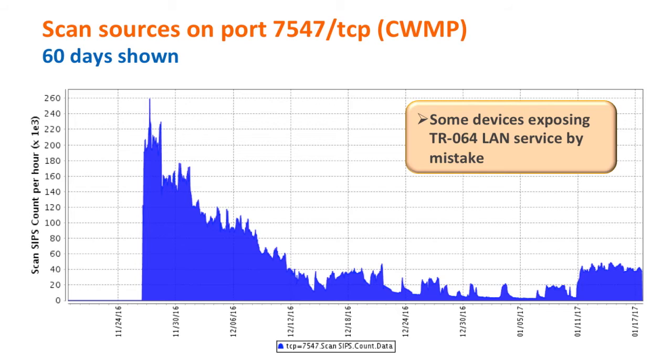And 7547, this is kind of interesting. We've been talking about this one. There was the incident that occurred in Germany. Deutsche Telekom had an issue, and there were some other ISPs too. There were a few models of devices that were exposing the TR-064 LAN side management protocol over TR-069 at the same time.